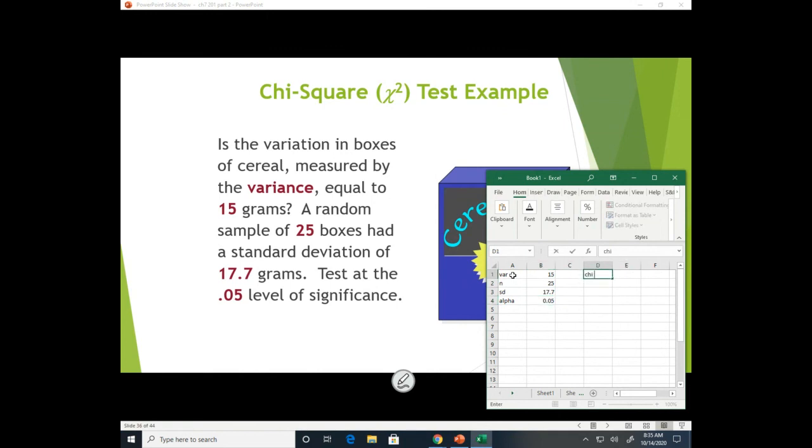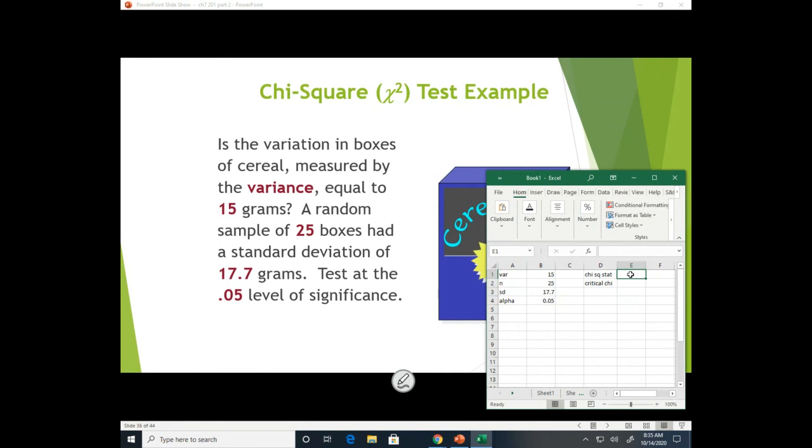We're going to want to calculate our chi-square test statistic, and then we're going to get our critical value, critical chi value.